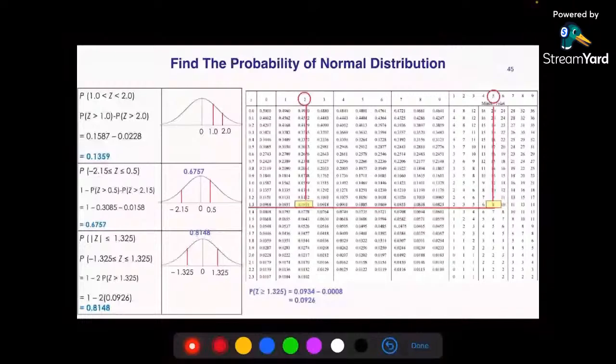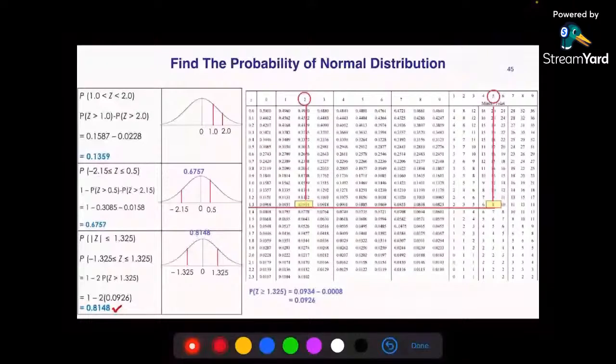Okay, sekarang kita nak buat proses inverse process pula. Macam mana pula if you are given the probability and you were asked to find the Z score? Nampak kan inverse process. Tadi you are given the Z score, kita cari probability. Sekarang you are given the probability, kena cari Z score. Okay, contoh macam inilah.